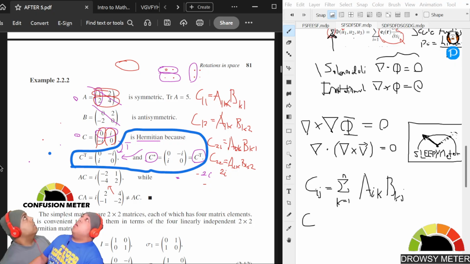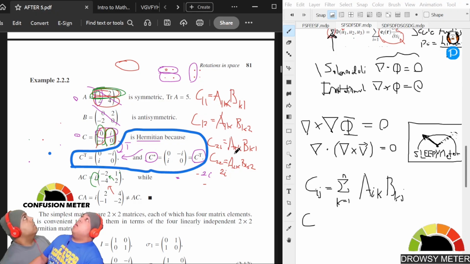A1k bk2. A1k row 1, column 1. Row 1 column 1, 1 times 0 minus 2. Yeah, good. Minus 2i. Next up, C12 does row 1 column 2, equals A1k bk2. Boom, boom. 1 1, yeah.